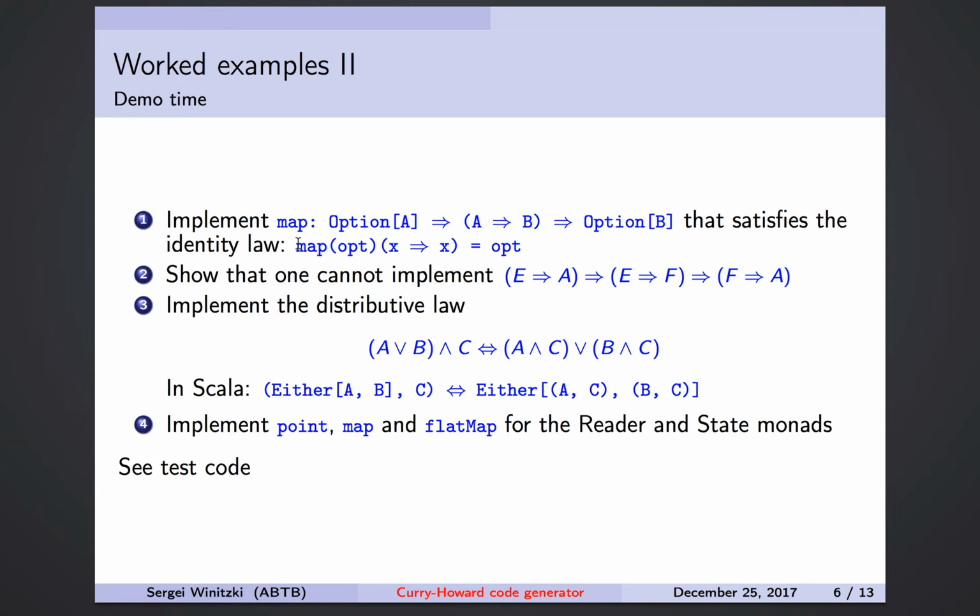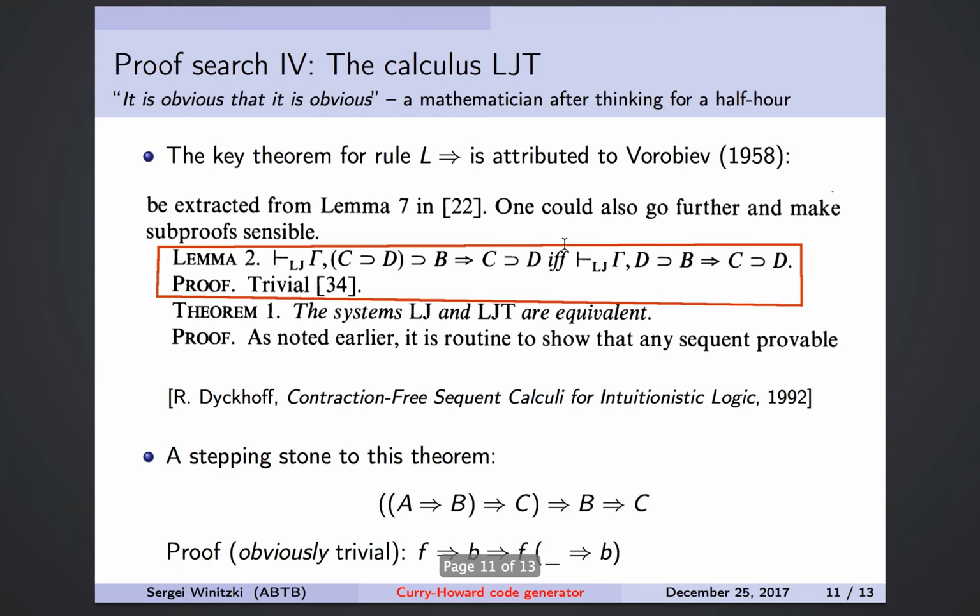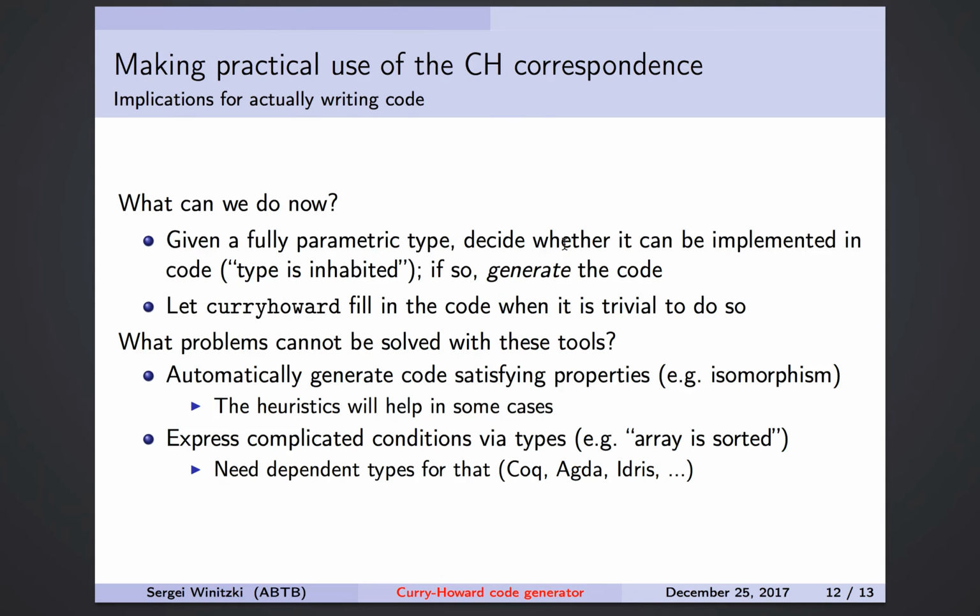So that would be a law that we would like to have, but it is impossible to express this law in the language of these types. Much more powerful type systems are necessary. And so the Curry-Howard library will not be able to do that. If you want to do that, then go and use those languages. But right now in Scala, we can do a lot and generate code for practical use.